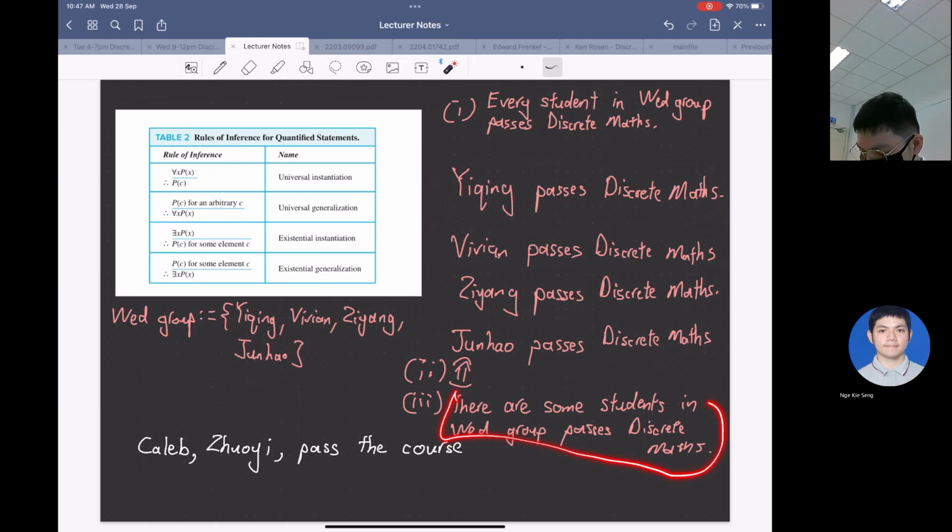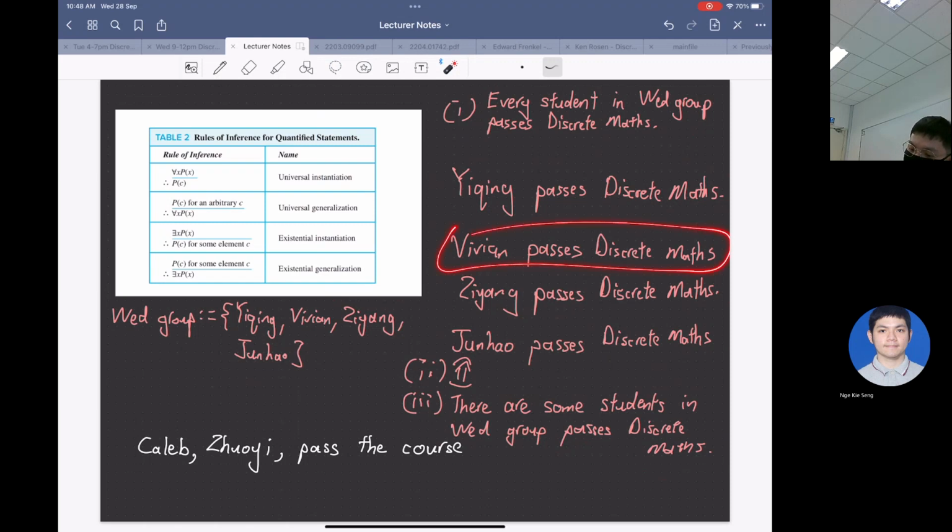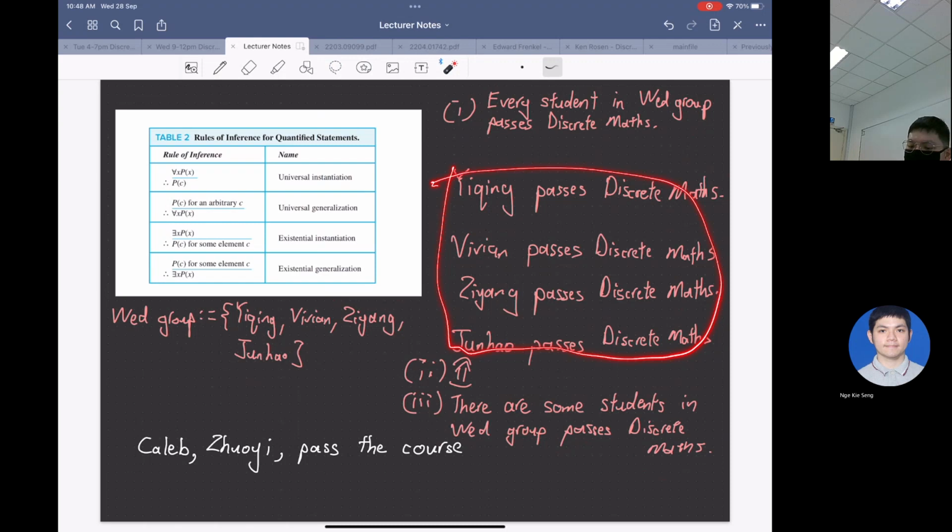In real life, when you want to check some statement, you may want to check that there are some. There are a few, so you check, and then you find that actually all of them passed. That means you can upgrade your statement to every.